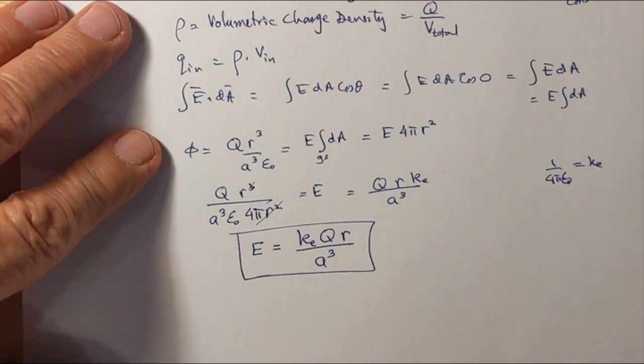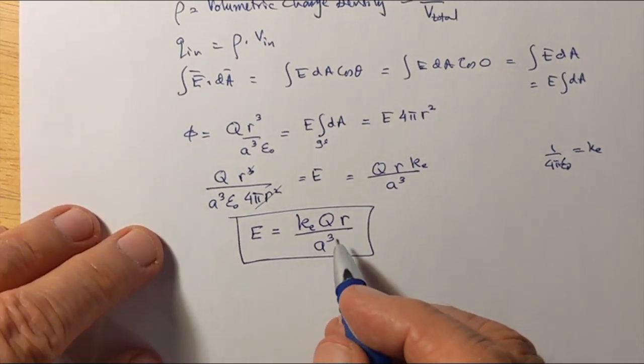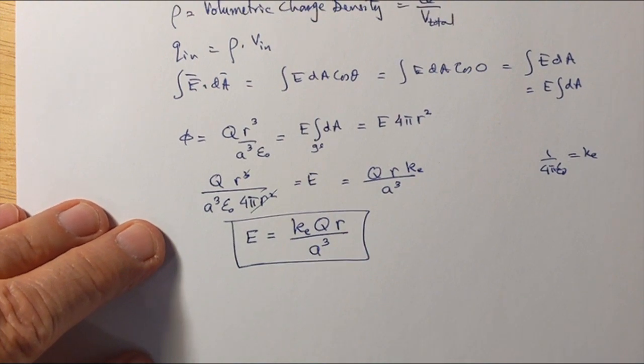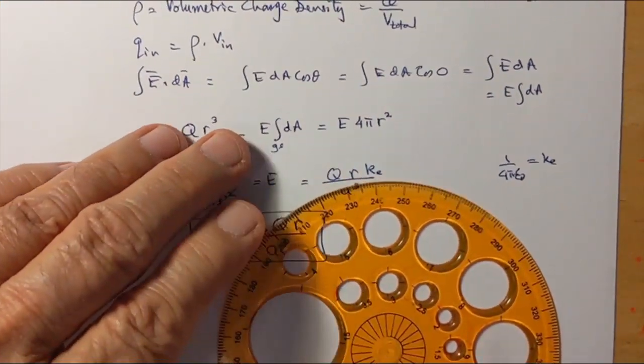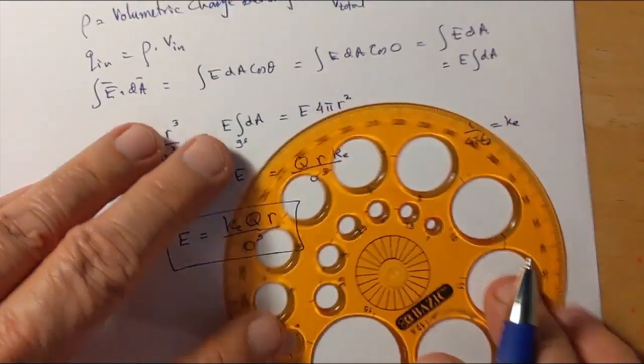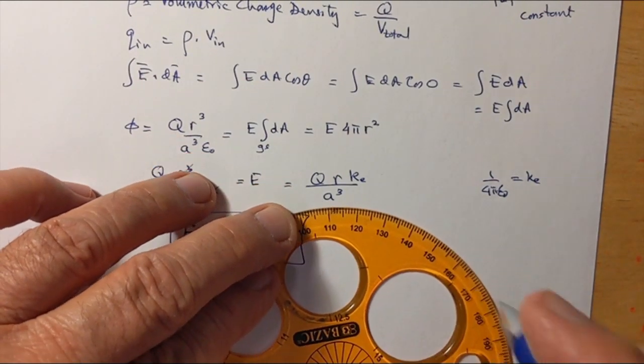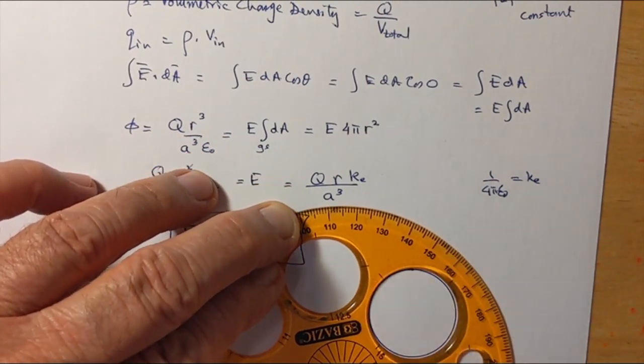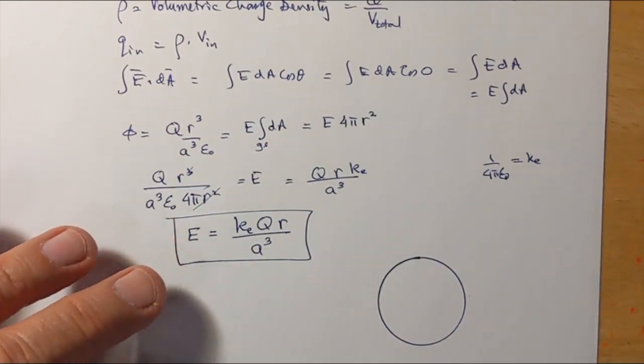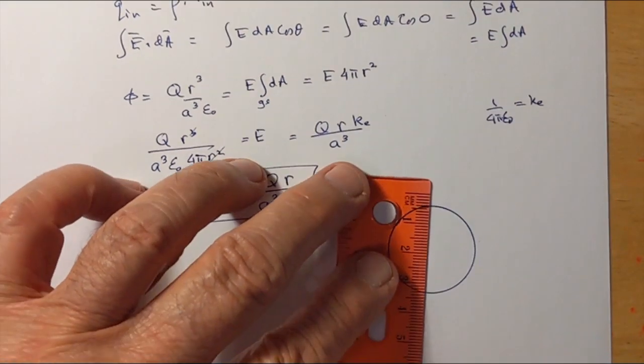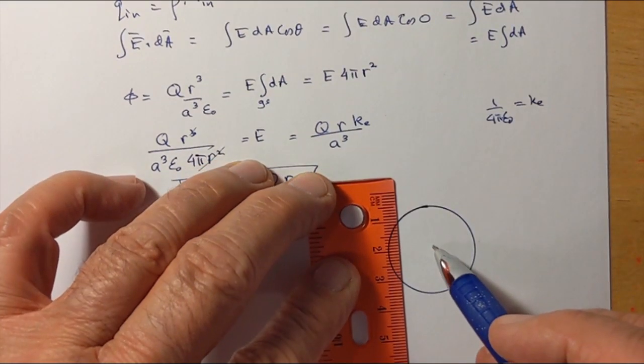Now what happens as R gets smaller or bigger? So we can see the trend. Let's suppose that this is our sphere, and that's the center of the sphere.